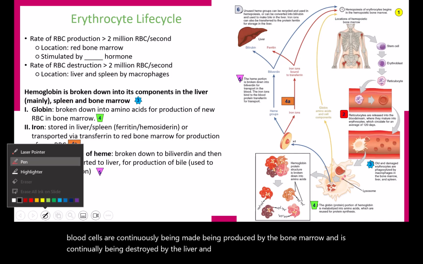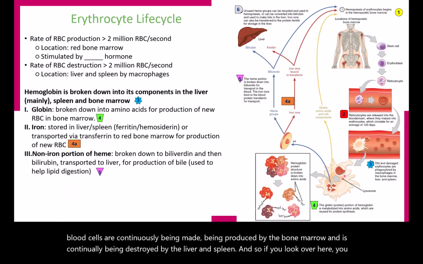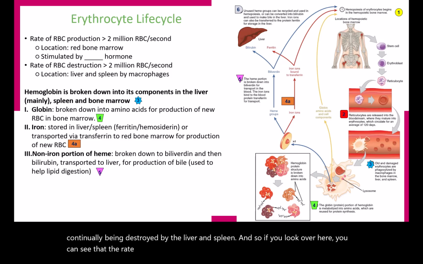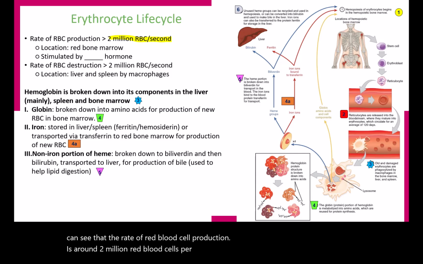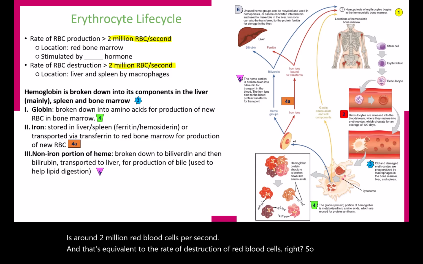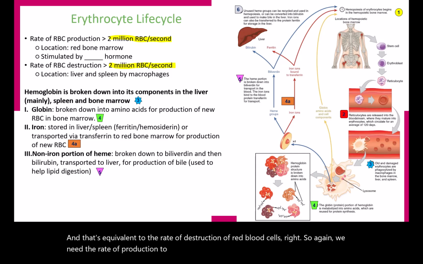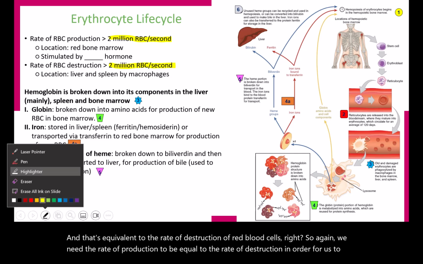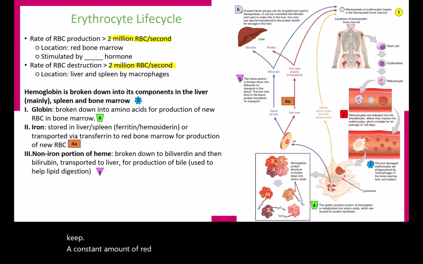And so if you look over here, you can see that the rate of red blood cell production is around 2 million red blood cells per second, and that's equivalent to the rate of destruction of red blood cells, right? So again, we need the rate of production to be equal to the rate of destruction in order for us to keep a constant amount of red blood cells in our blood.